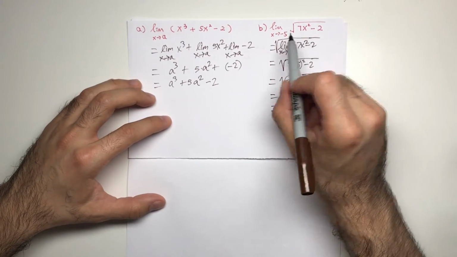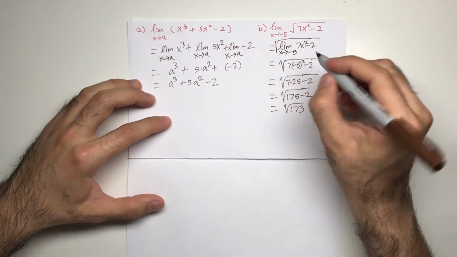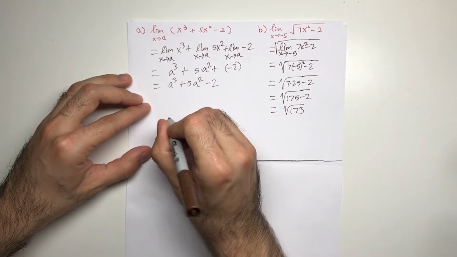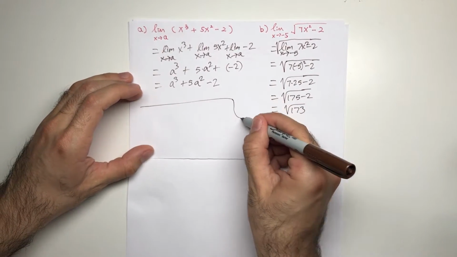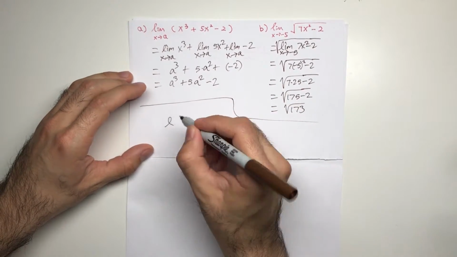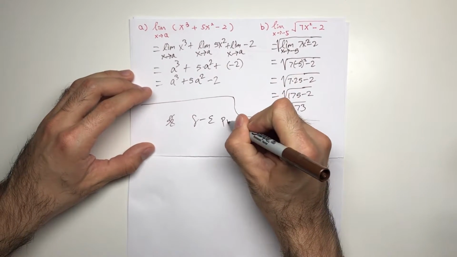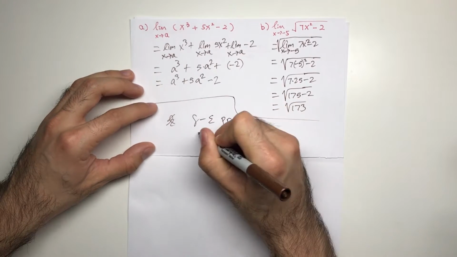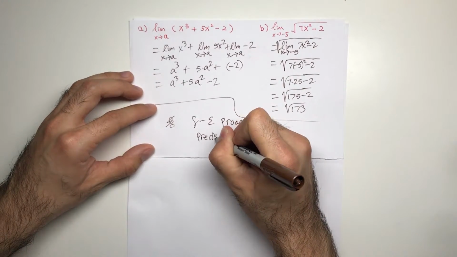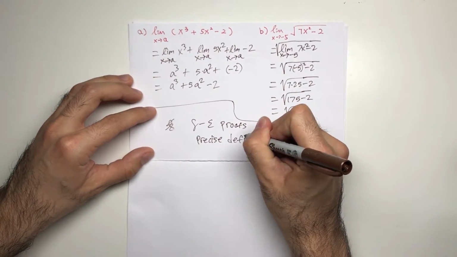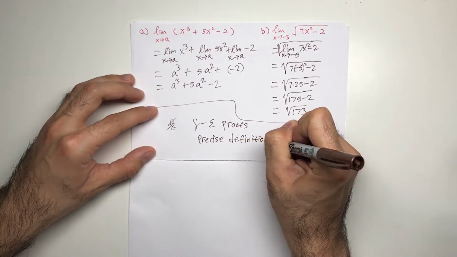Now the reason we can split these up comes from the delta-epsilon proofs, the precise definition of limits.